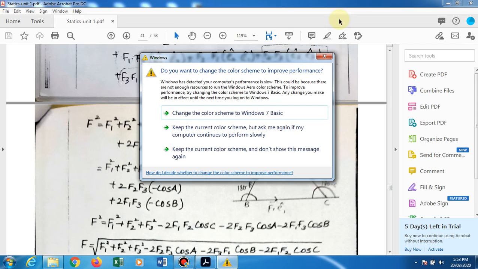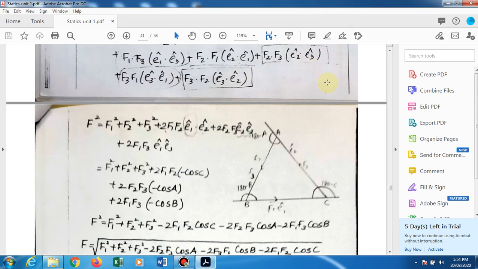E1 cap E2 cap is equal to minus cos C, E2 cap E3 cap is minus cos A, and E1 cap E3 cap is minus cos B. Check that by the diagram, and here you multiply everything and you will get the answer.